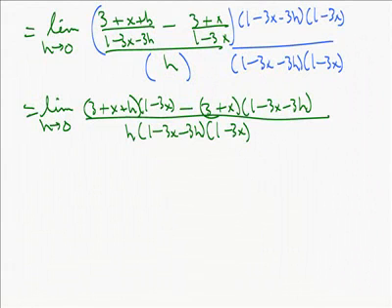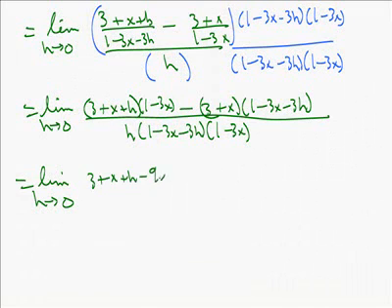Let's go ahead and do some multiplication and simplify the numerator here. We have the limit as h approaches 0. Let's take the 1 through, so that gives me 3 plus x plus h. Take the negative 3x through, that gives me negative 9x minus 3x squared minus 3xh. Minus, and so let's block this off here, we'll subtract everything we get from this multiplication. Taking the 1 through gives me 3 plus x.